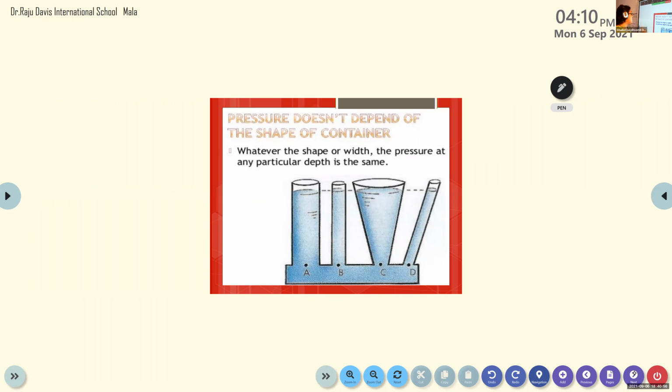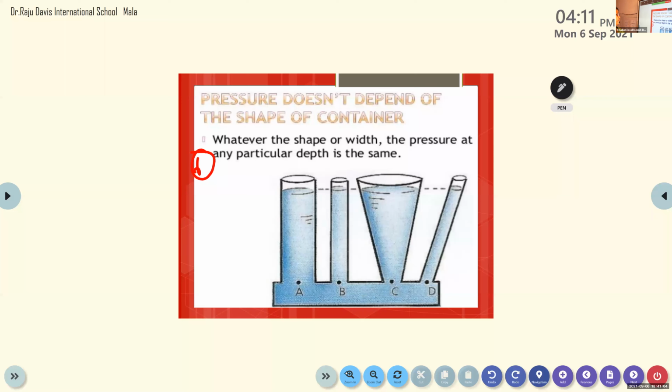And next, the 6th point, relating to fluid pressure. It is not only for liquid, it is applicable for air also, gases. Whatever the shape or width, the pressure at any particular depth is the same. So it does not depend upon the shape of the container.